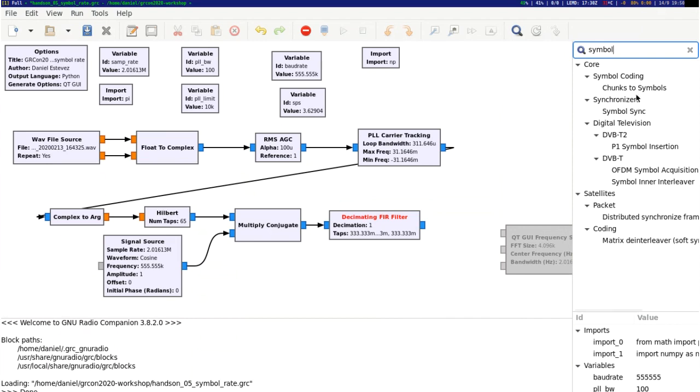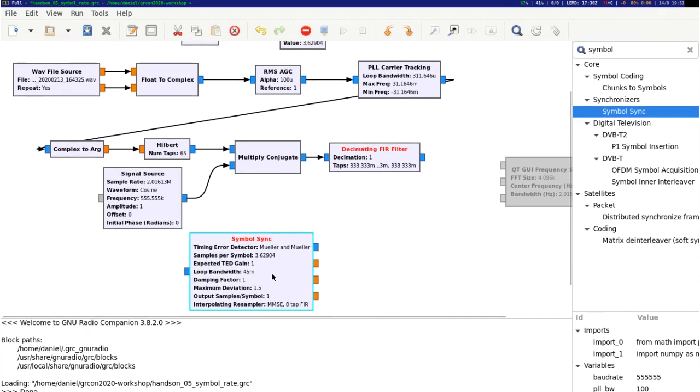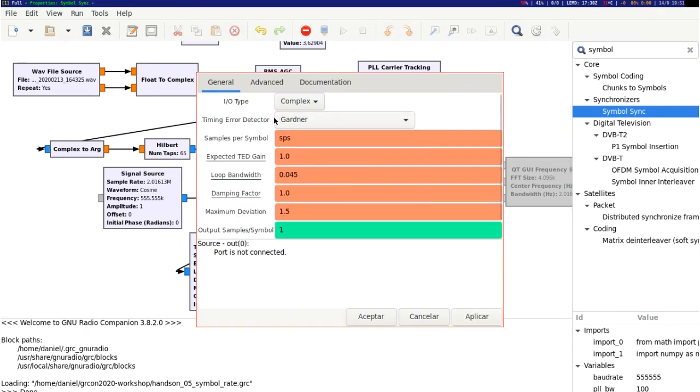And then the symbol sync. Symbol sync has a large number of parameters. As said, this requires the full talk to explain. Here I'm going to use the Gardner time error detection. We already have our samples per symbol variable. The loop bandwidth is the same as a PLL loop bandwidth.